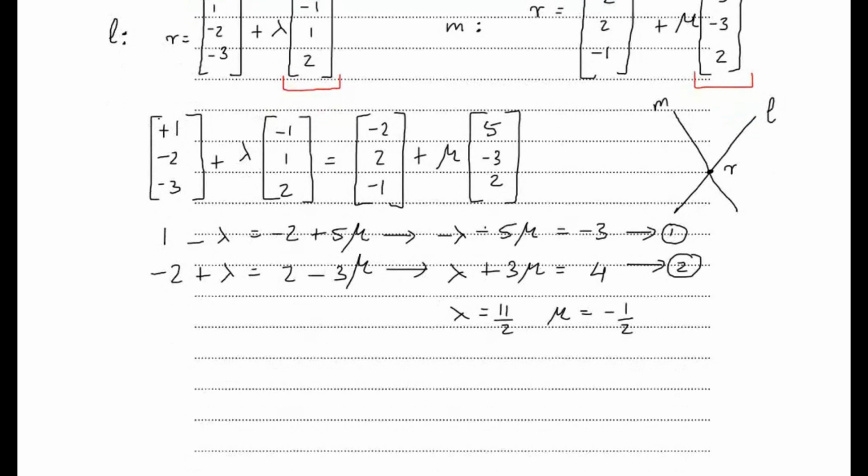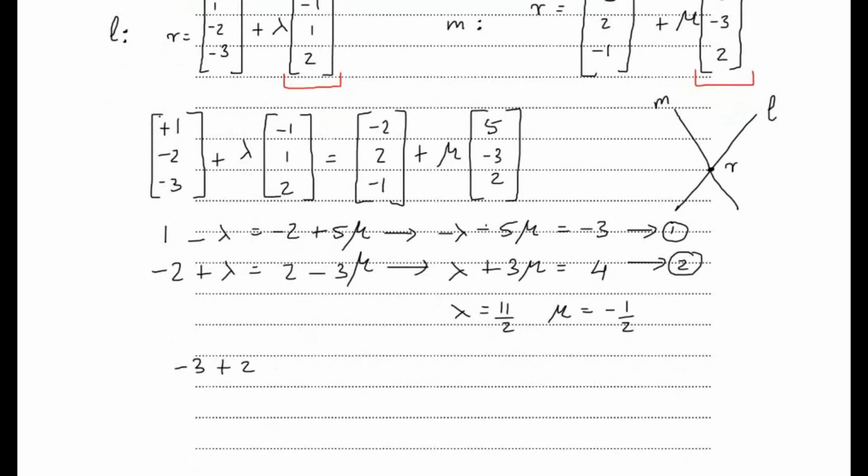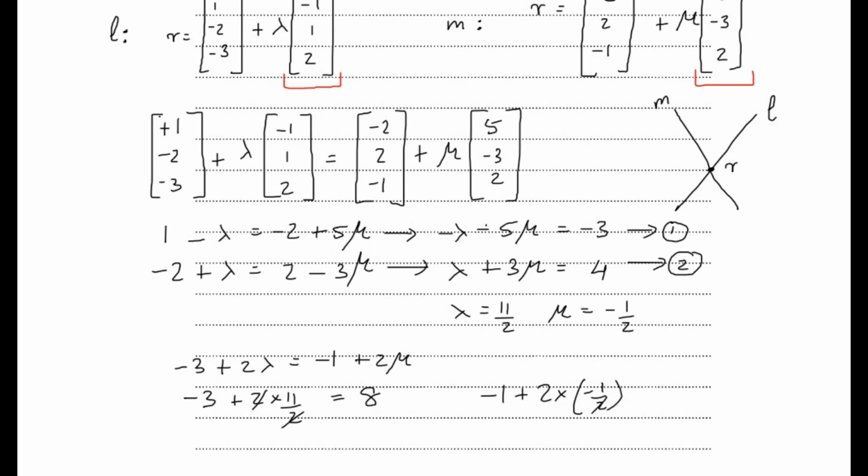So negative 3 plus 2 lambda is equal to negative 1 plus 2 mu. If I plug in lambda is equal to 11 by 2, I get minus 3 plus 2 into 11 by 2, which is 11 minus 3, which is 8 for the left side. The right side is negative 1 plus 2 into mu, which is negative half. Cancel that out, so this is negative 2.